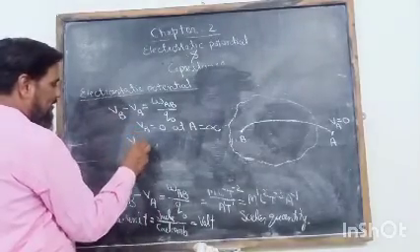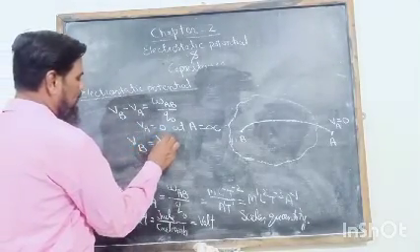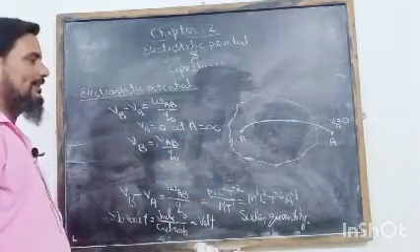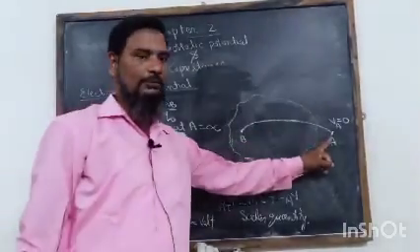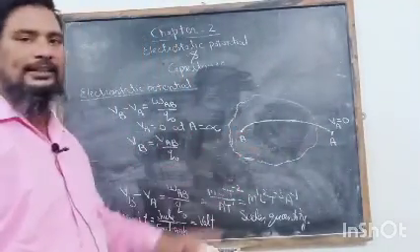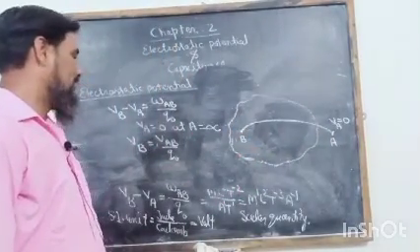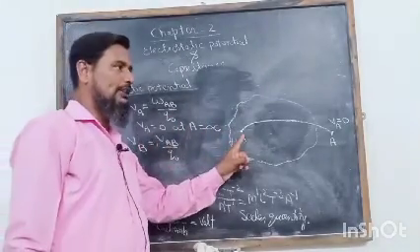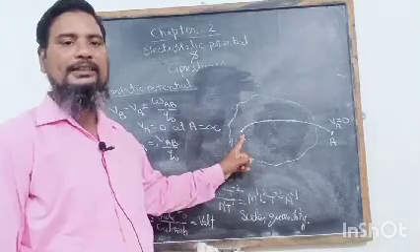So VB is equal to WAB upon Q0. If a charge particle is brought from infinite to a certain point in an electrostatic field, then the work done is called the electrostatic potential at the given point in the electric field.